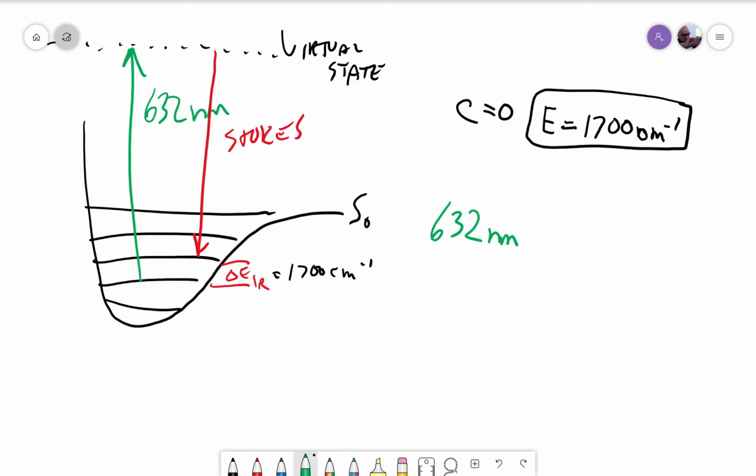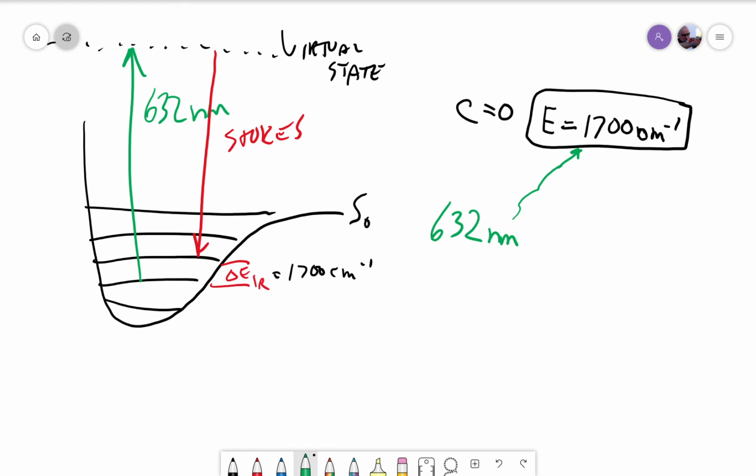we know we can convert that into energy using c equals lambda nu and E equals h nu, but we can also just convert it into that same energy unit. Remember, reciprocal centimeters is an energy-related unit.